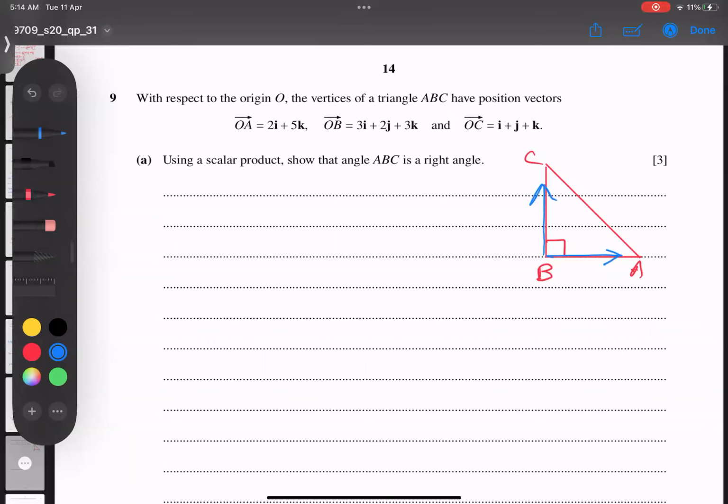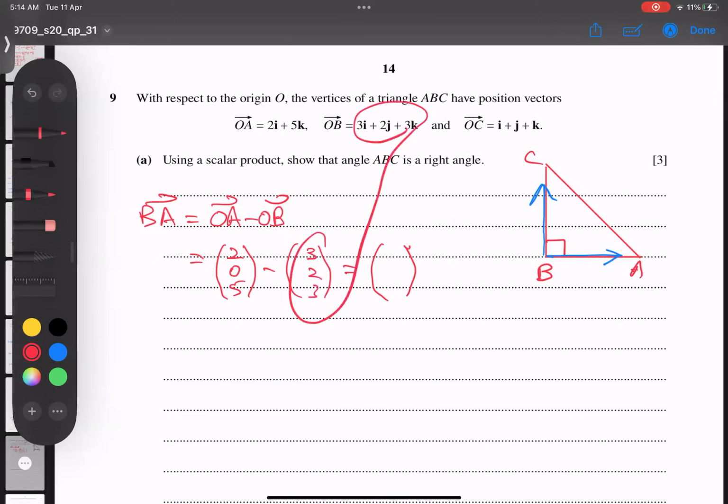So let's start. First of all, I'm looking for the BA vector. And what is it? OA minus OB will give you the BA vector. And what is OA here? I'm writing 2, 0, 5. Actually, there is no j, so I'm writing 0. And OB is 3, 2, 3. You can see the coefficients of i, j, k.